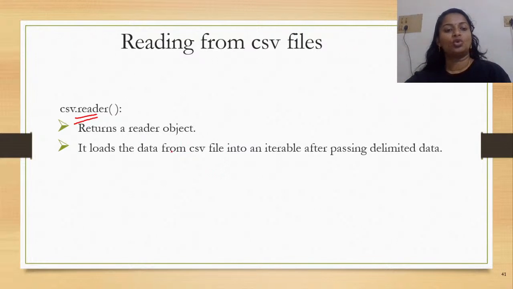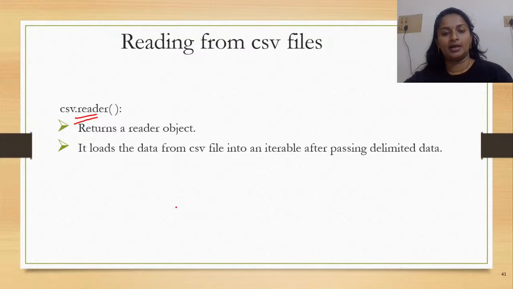So it would load the data from the CSV file into an iterable after parsing the delimited data. So what does the reader function do? It loads the data from the CSV file onto an iterable after parsing the delimited data.